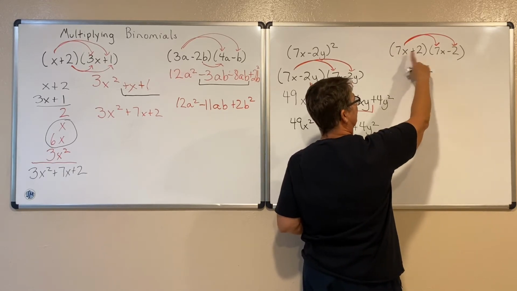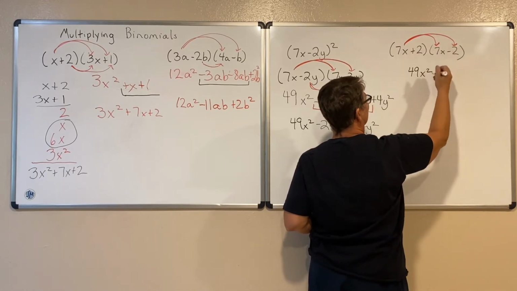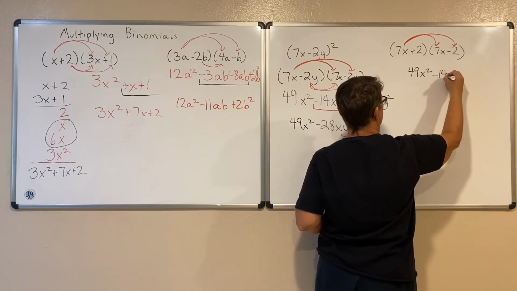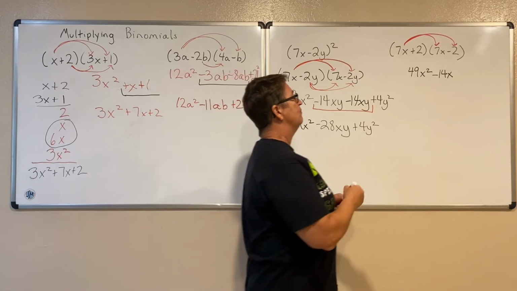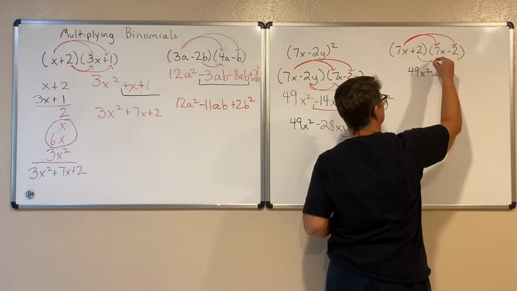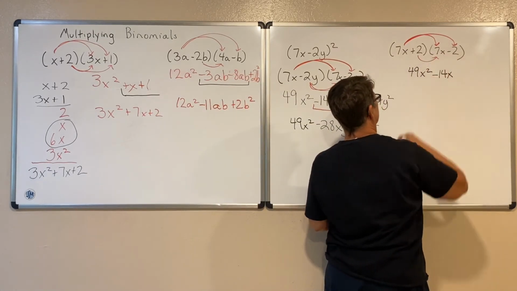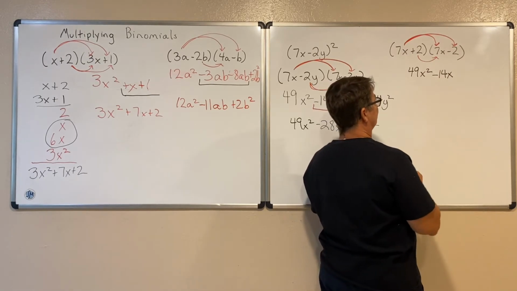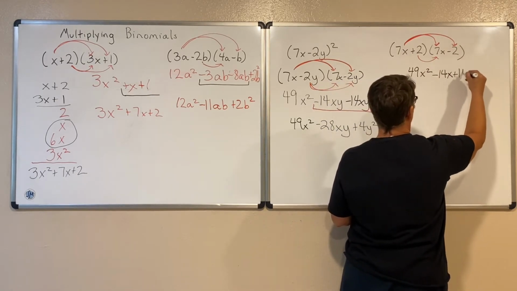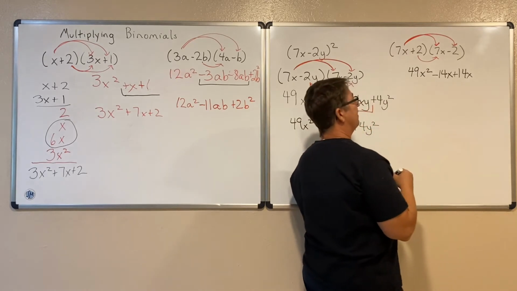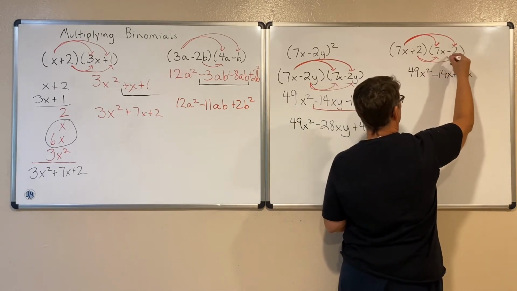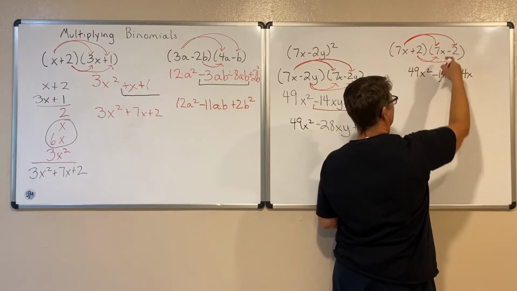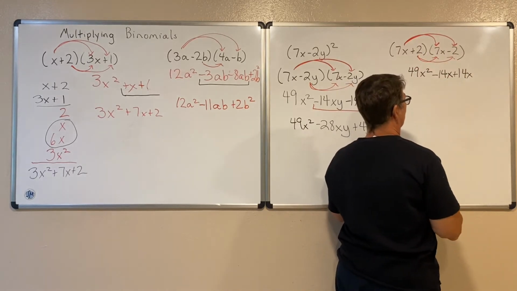I'm going to multiply the 7x times the negative 2, and I get negative 14x. Now I'm going to multiply the 2 times the 7x to get a positive 14x. And then last, I'm going to distribute that positive 2 to the negative 2. So positive 2 times negative 2 makes it negative 4.